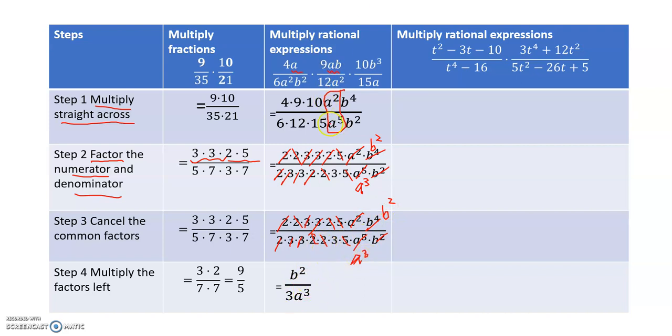In this problem, we didn't have to do any factoring because every number and every variable is already a factor. 4 is a factor of the top, 9 is a factor of the top, 10 is a factor of the top. Or after you break it down, you can say 2 is a factor of the top, 3 is a factor of the top, and a squared is a factor of the top, and also b squared. The reason is we only have multiplications in this problem.